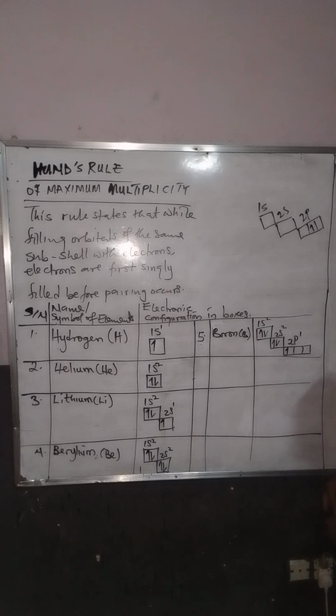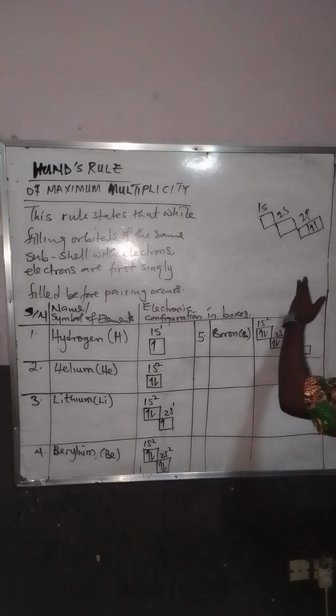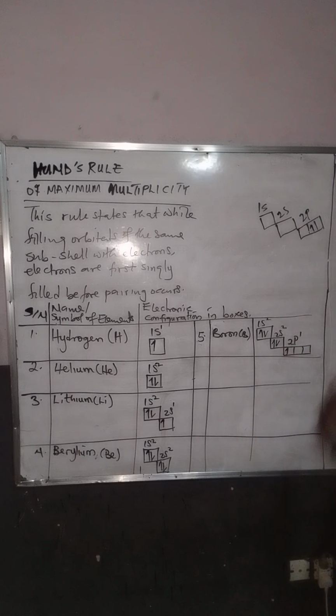While building up an atom, electrons are first filled into orbitals with lower energy level, before filling orbitals with higher energy. This one is lower. So Aufbau's principle has been disobeyed. Then another principle that is disobeyed is whose rule? Because if you are to fill singly first, you have to start from this first box. So if they say state 2 rules disobeyed here: Aufbau's principle and Hund's rule of maximum multiplicity.